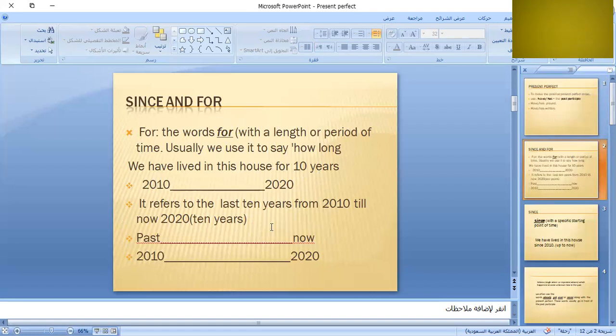That's why I don't say we lived in this house for 10 years. If I say we lived in this house for 10 years, past simple, it means any 10 years in our life, maybe before 40 years, okay, happened and finished in the past. But now when I say I have lived, it means up to now, from 2010 up to now.